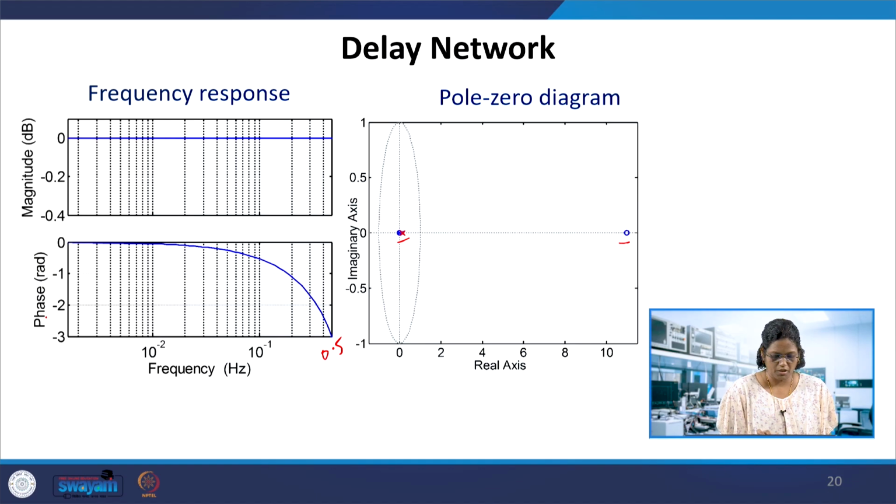It would pass up to fs by 2, and the other side will be from 0 to minus fs by 2. The phase introduces a delay, depending on the phase response given over here. The delay is introduced in this portion, and the phase is shown in radians. So here the phase characteristics can be seen, which introduce the delay to the signal.